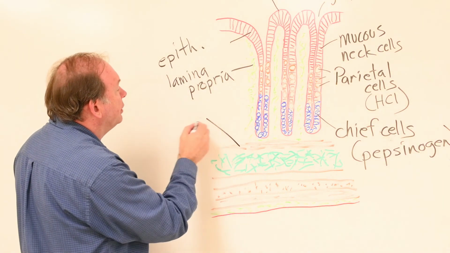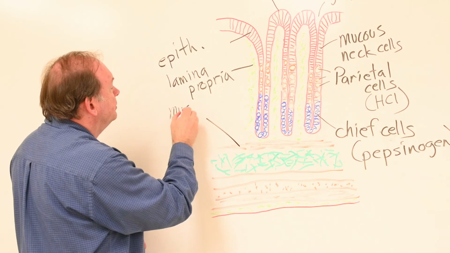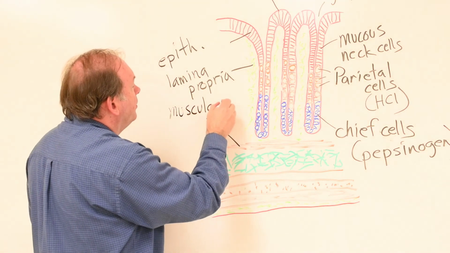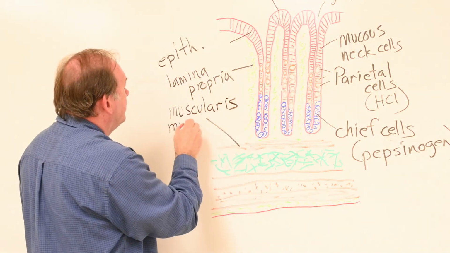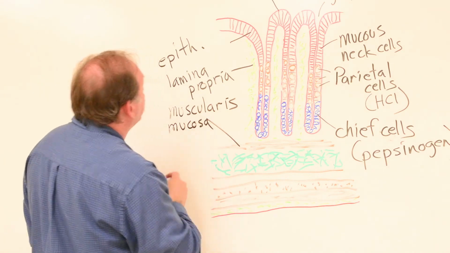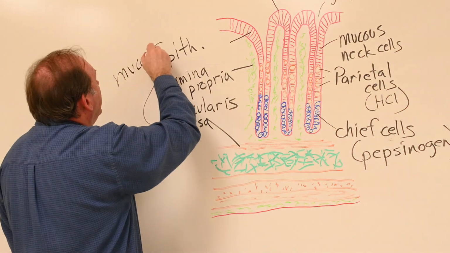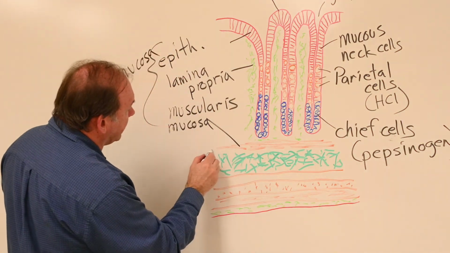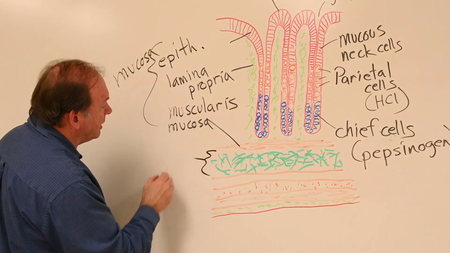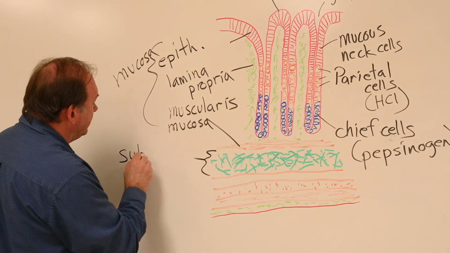Then we have the muscularis mucosa. So those 3 things make up the mucosa of the stomach. The next layer here is our dense irregular connective tissue, the submucosal layer.